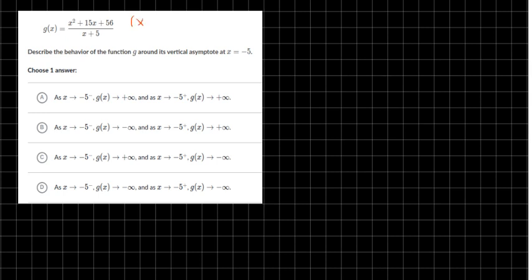I'm going to factor. One of the first things we want to do is factor so we can find the zeros and holes and any other kind of discontinuity. Okay, so now we've got some things we want to graph.